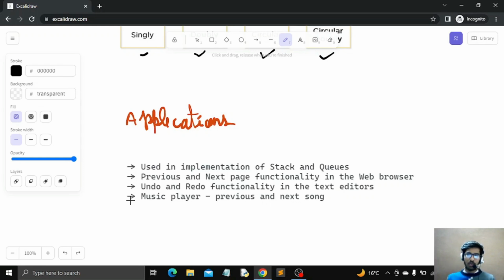So for each particular song, that song has a known next song and a known previous song. So this is basically an application of doubly linked list, which we just discussed before. So these are some of the applications of the linked list data structure.